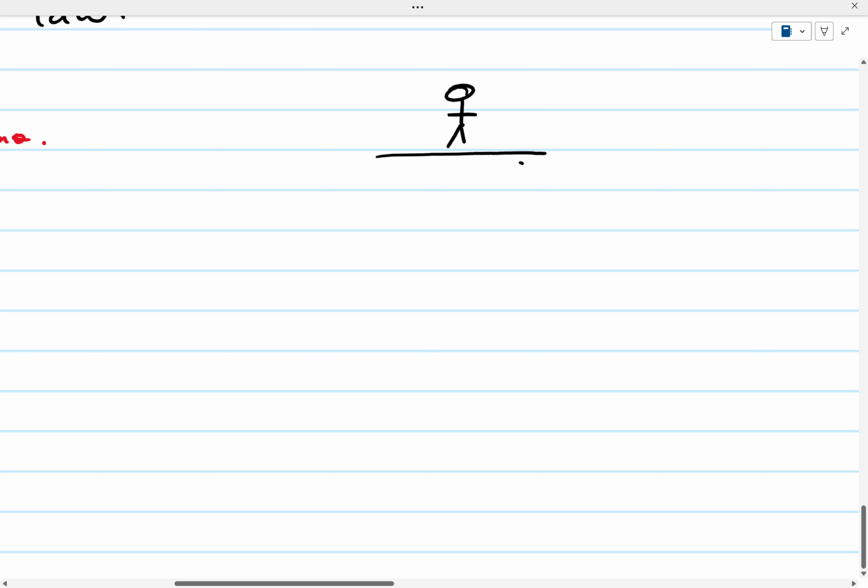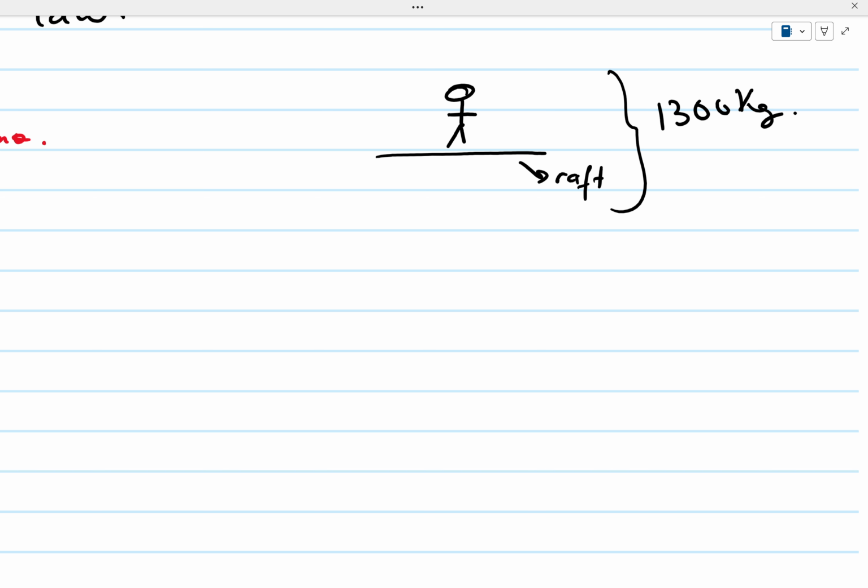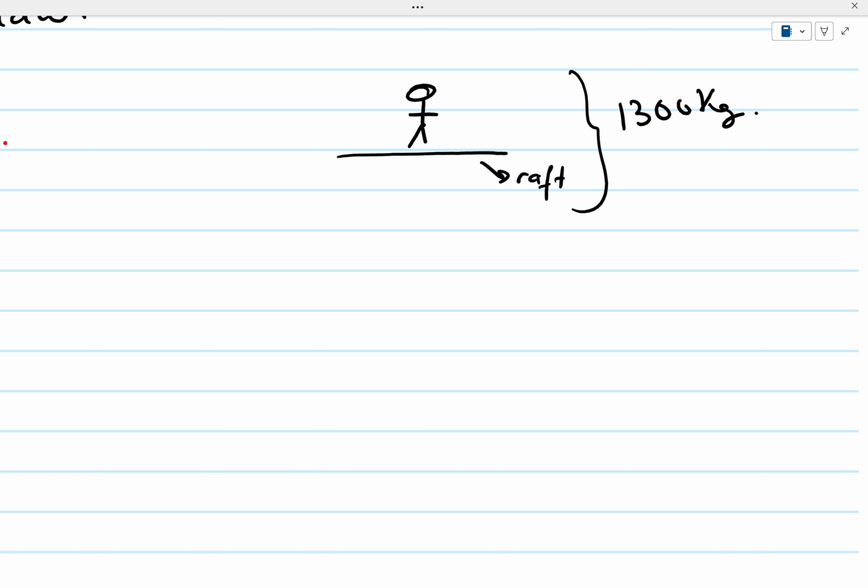This is the raft and that is the man. The combined mass is the same. The man starts paddling the raft, and he causes an average force P of 17 newtons to be applied due east of the raft.